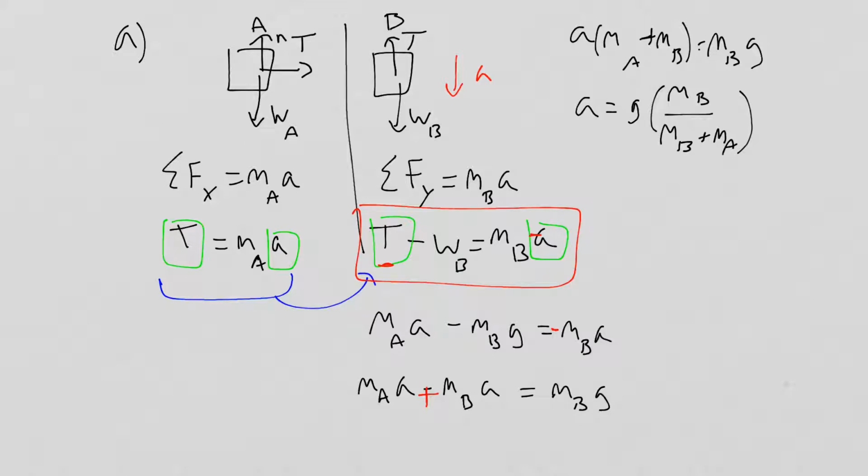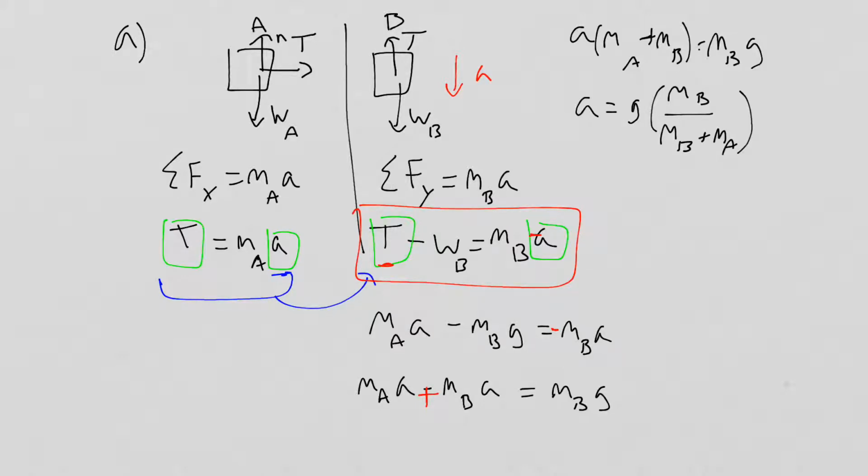So it's really important to pay careful attention to vector directions. That negative sign is because it's accelerating downward, so A has to be negative. Whereas in this one right here, to the right is positive, so A remains positive. You have to make sure it's all consistent.